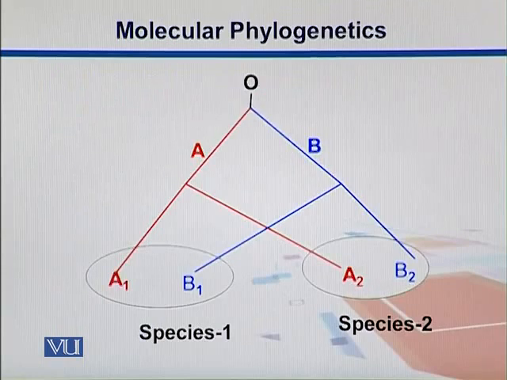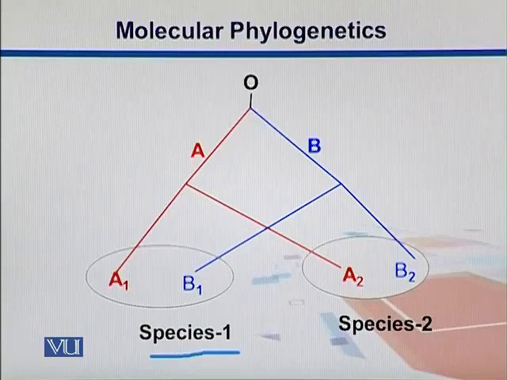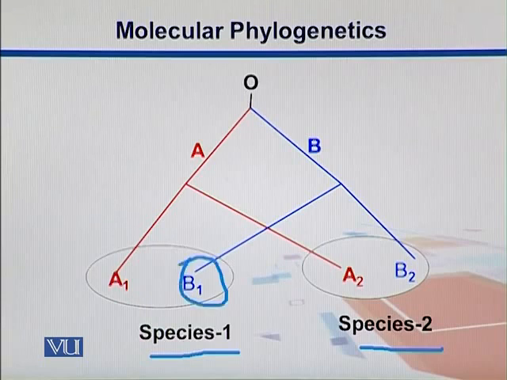So we start with an original gene, and then in the final species we have species 1 where we have A1 B1, and in the second species we have A2 B2. When we make their trees, we feel like the B1 in one species goes with the B2 in the second species.